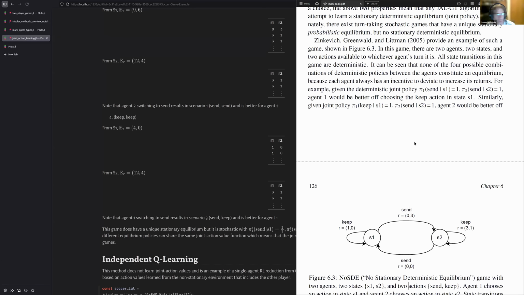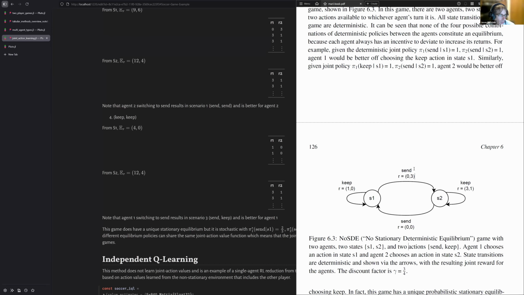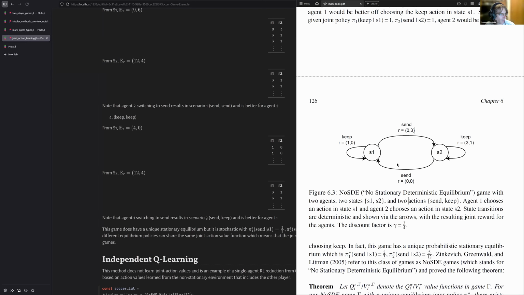So far we haven't looked at a real example of a game like that, there's just this toy example here. But it does create a limitation for these algorithms: you could certainly encounter a game where even some of the states meet that criteria. That would be a problem, because we would need an additional technique besides joint action values to learn the equilibrium there. So, any questions about this?